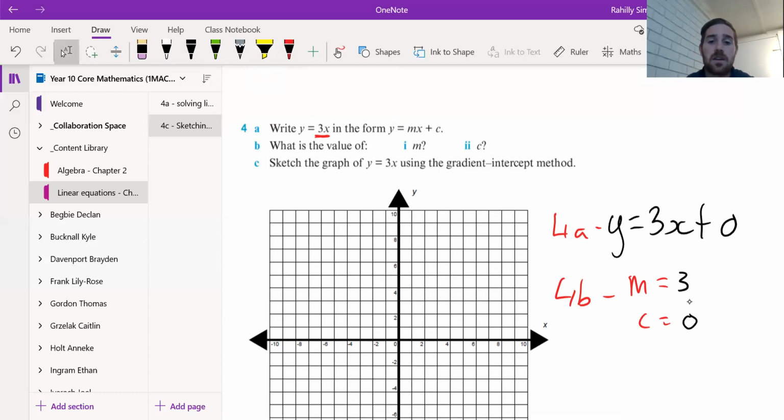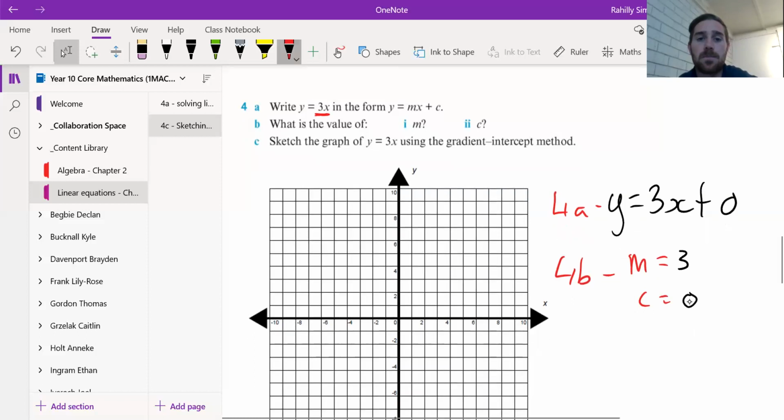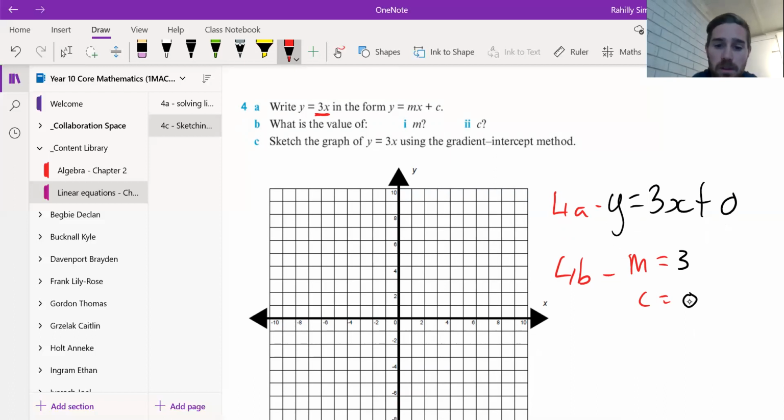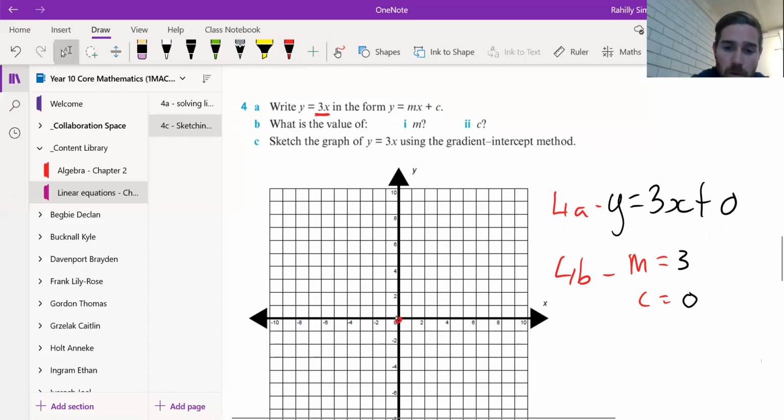For c, sketch the graph of y equals 3x using the gradient intercept method. That's quite simple. All we need to do is, we know that c equals 0, c is our y-intercept. That means our y-intercept is 0. So our point is going to go through at 0 on the y.